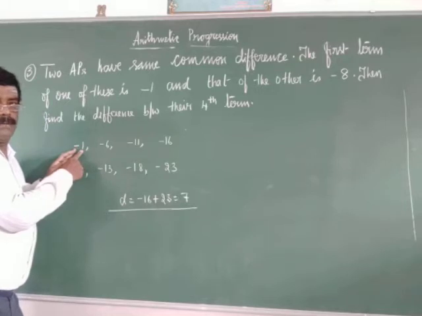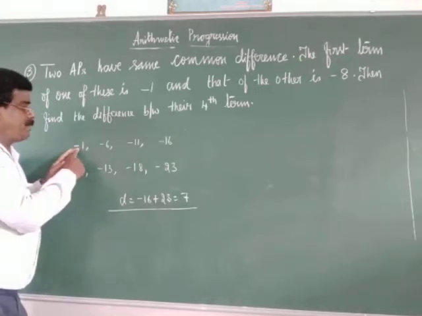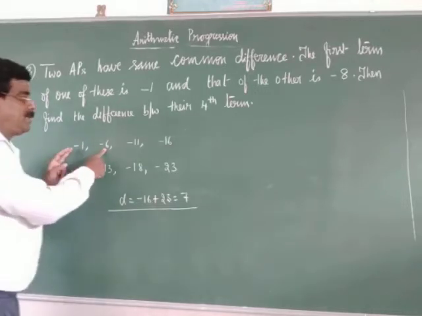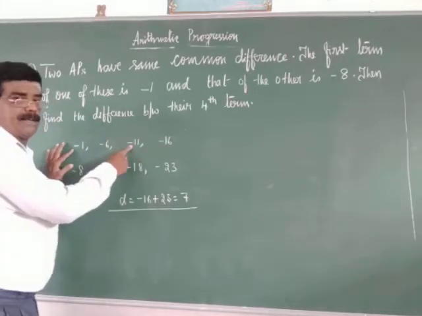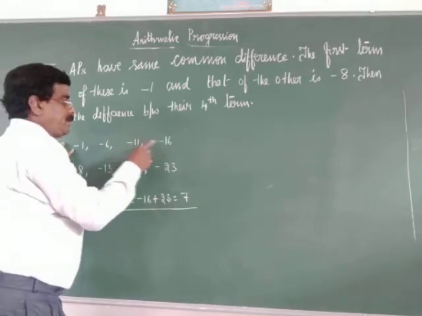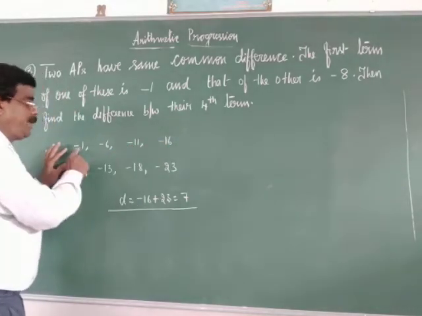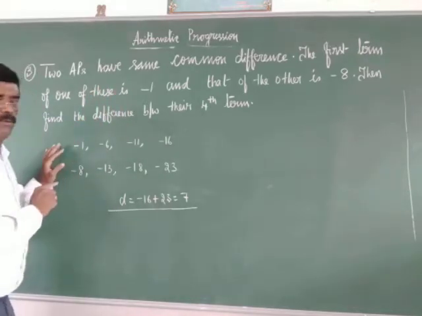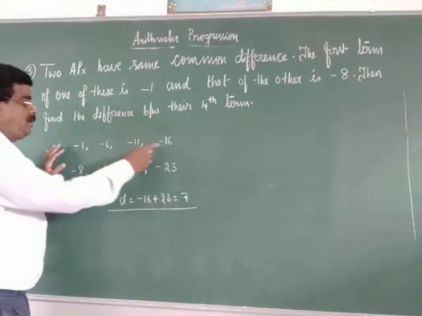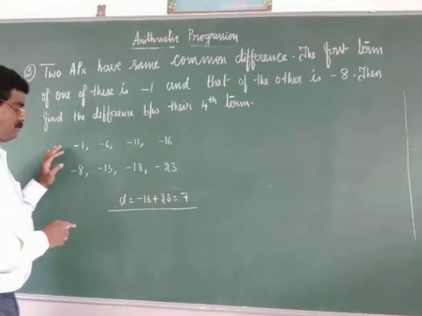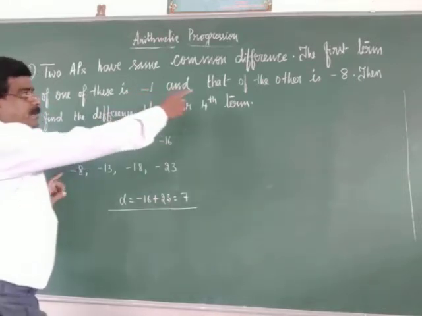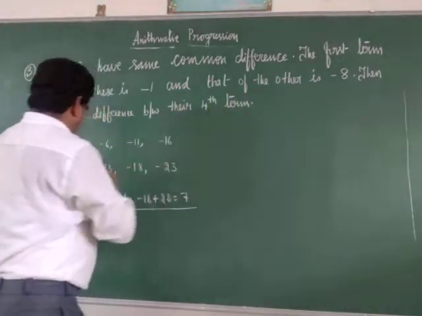Then if we add -5 to that, -1 minus 5 is -6, minus 6 minus 5 is minus 11, and so on. For the fourth term, just check the difference. Similarly, the second is -8, because it's already given that the first term of the other is -8.